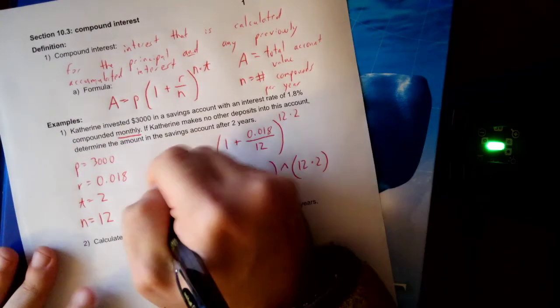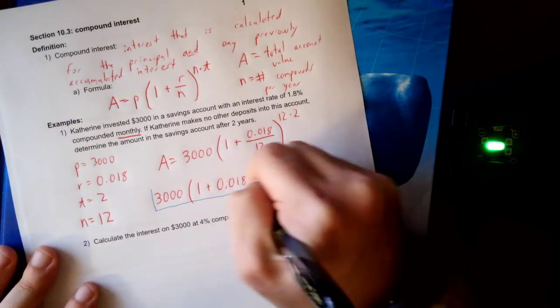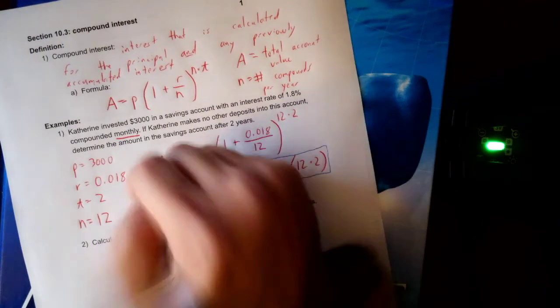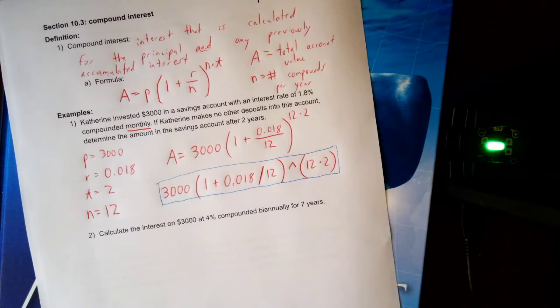If you type this into Google exactly as it's written, it will give you the actual answer. It will calculate the answer for you if you type it in like that.